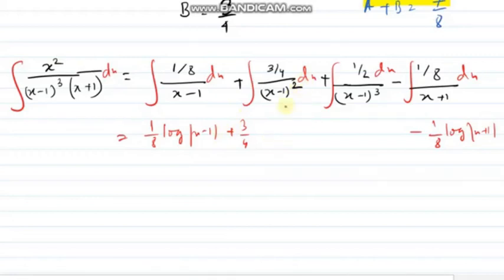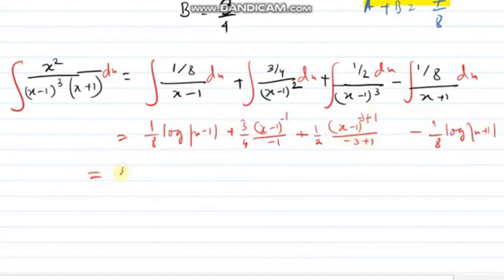Integration of dz by z square, what will be the formula? The formula will be z to the power minus 1 divided by minus 1, that is z to the power minus 2 plus 1 divided by this, right? And for the last one, this will be plus half (x minus 1) whole to the power minus 3 plus 1 divided by minus 3 plus 1, right?